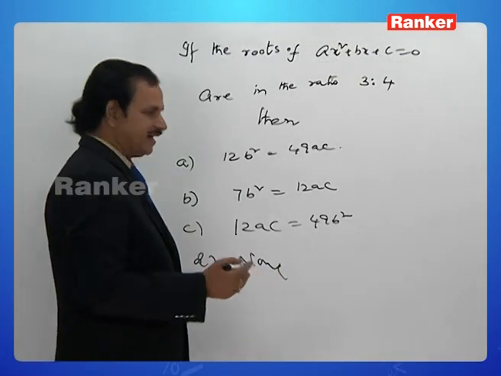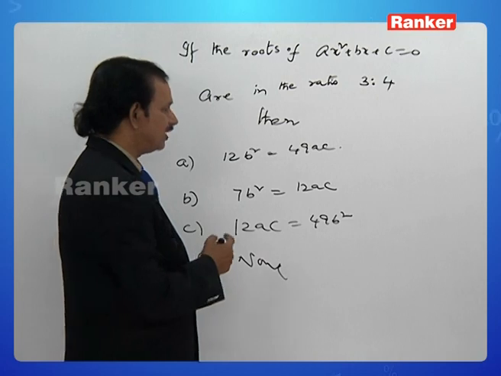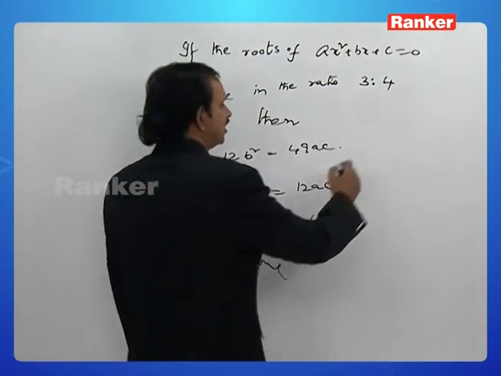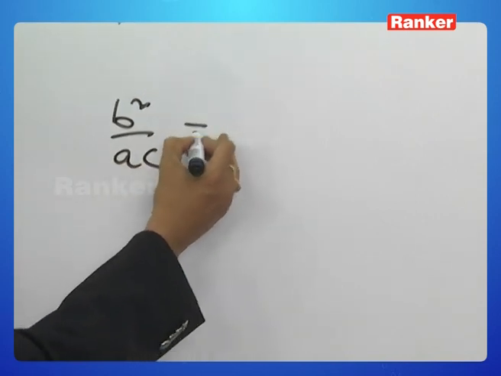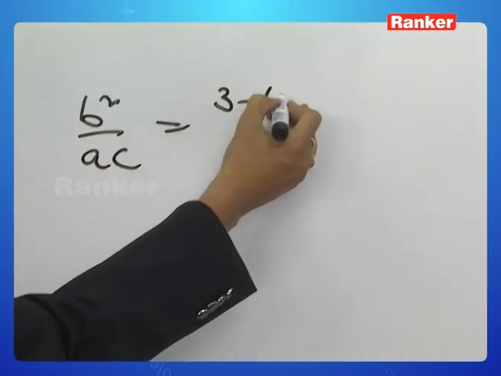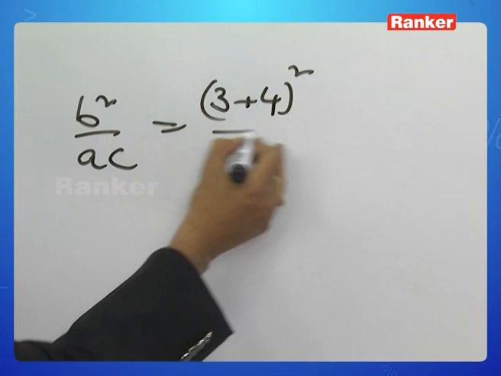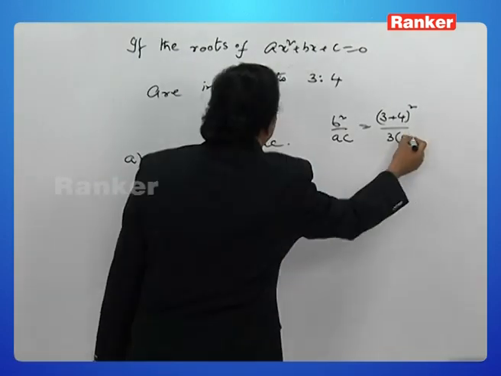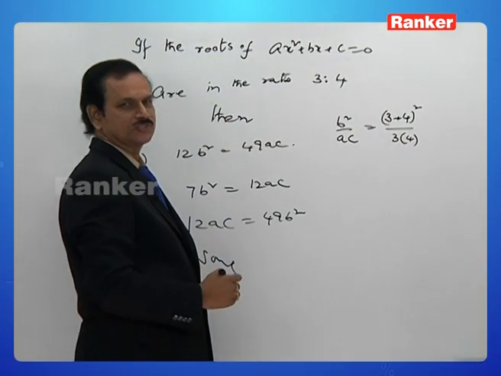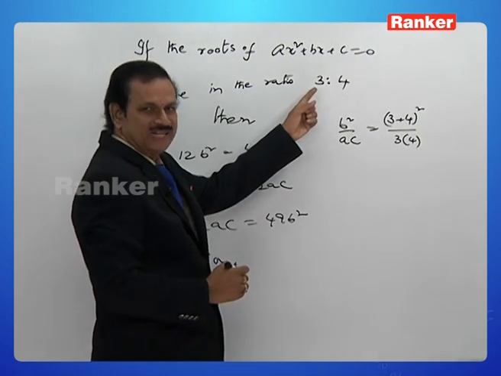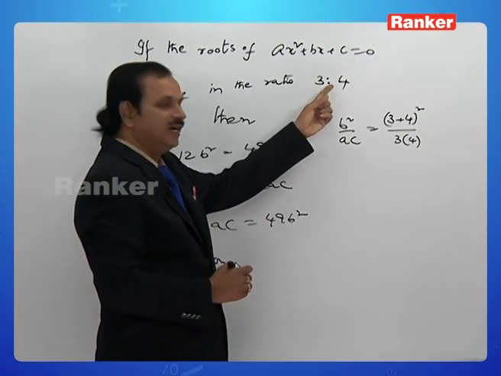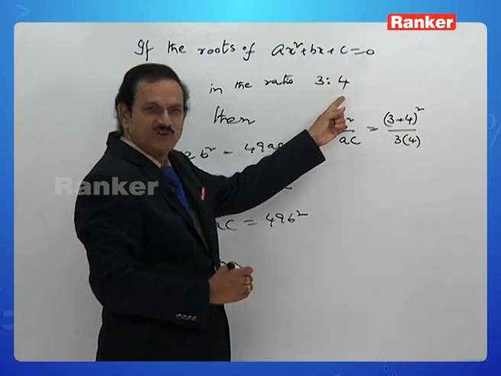Very easy and direct way to have the answer. Let us recall the formula regarding them. B square by AC is equal to 3 plus 4 whole square by 3 into 4, that is m plus n whole square by mn. In the place of m we have 3 here, and in the place of n we have 4 here.